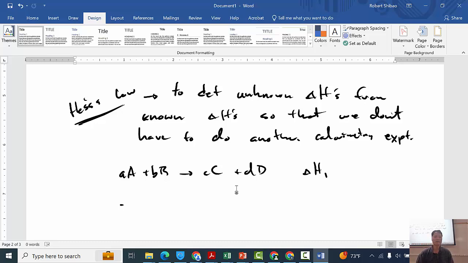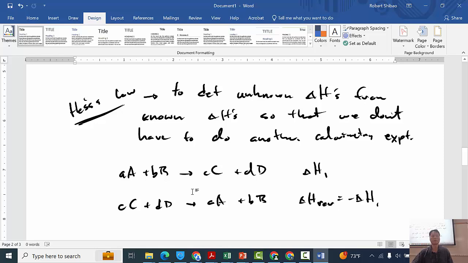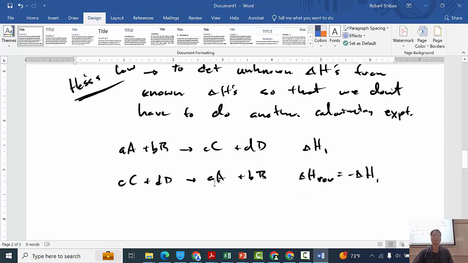If I reverse this, let's say I go CC plus DD goes to AA plus BB, then we know about the first law of thermodynamics. So delta H of the reverse is just equal to negative delta H of the forward. And so I wouldn't have to do another calorimetry experiment if I was looking at the reverse reaction.